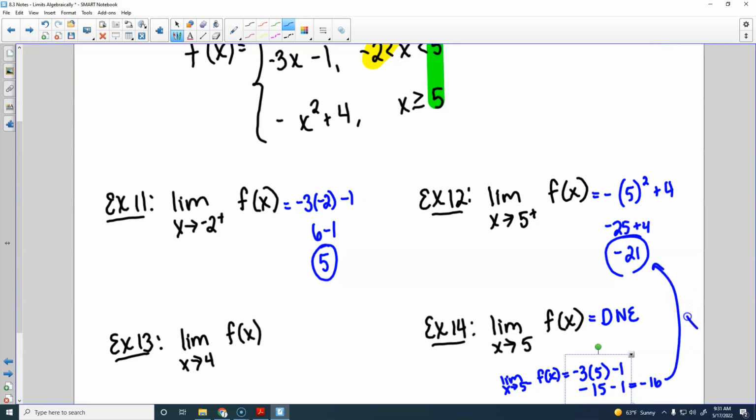That does not match the negative 21 when I did the right-hand side. So essentially, you're just taking 5 and plugging it into both of those equations and seeing if you get the same number. If you get the same number, then it touches, it meets, right? If you get anything different, then it does not. You have a jump in the graph. You can still have a limit from either side, but you can't have a limit at that point.